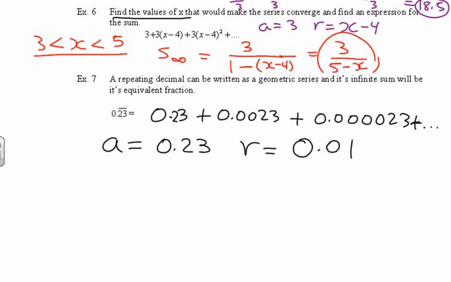Guess what? The infinite series formula is just waiting for you now. Give me some math action here and work out what fraction 0.2323 repeated is as a fraction. Let's get it now.